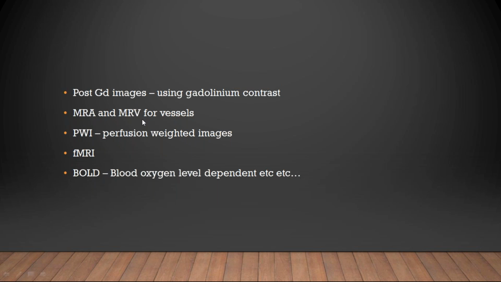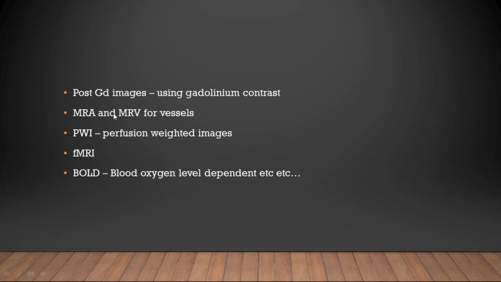Coming to the MRA and MRV, which are useful for vessels, MR angiography and MR venography, to know the pathology like thrombosis and stenosis in the vessels. And coming to perfusion weighted images, we can know whether the tissue is supplied with enough blood or not.